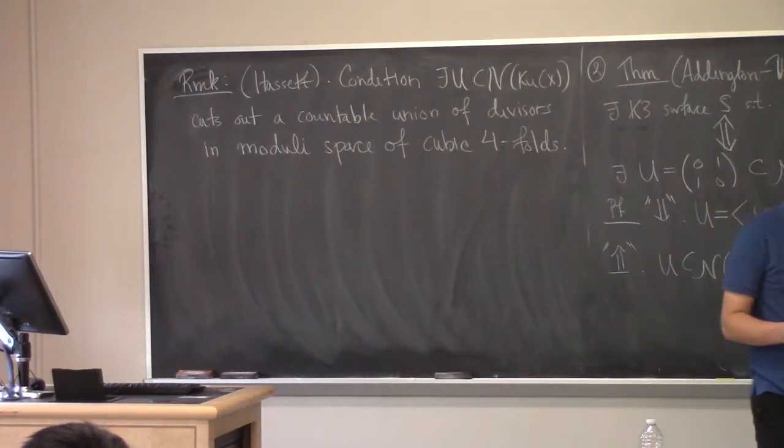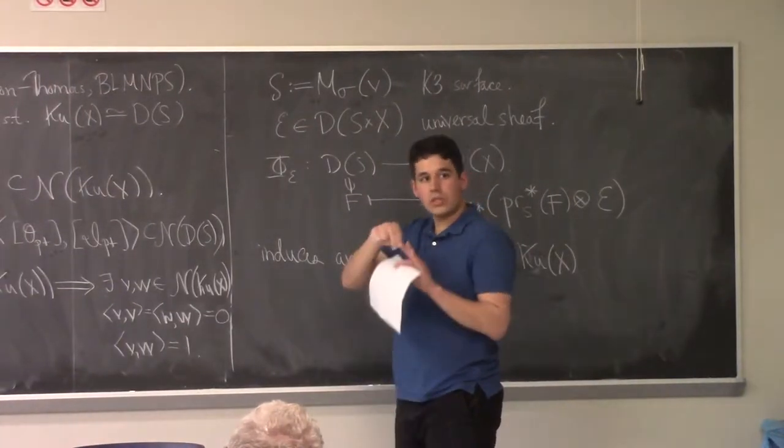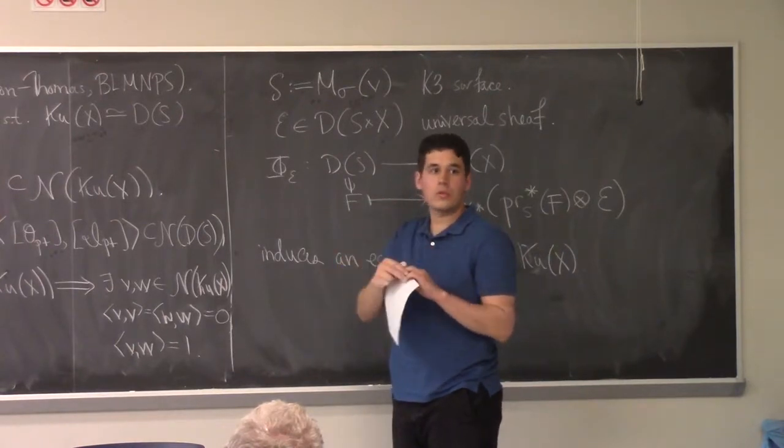So, a couple minutes left. Maybe I'll say one last remark about this theorem, just to tell you the difference between what we showed and what Addington and Thomas did. Addington and Thomas showed this downward direction, which is the easy direction, but they also showed that this upward direction holds for generic cubic fourfolds in those countable unions of divisors.